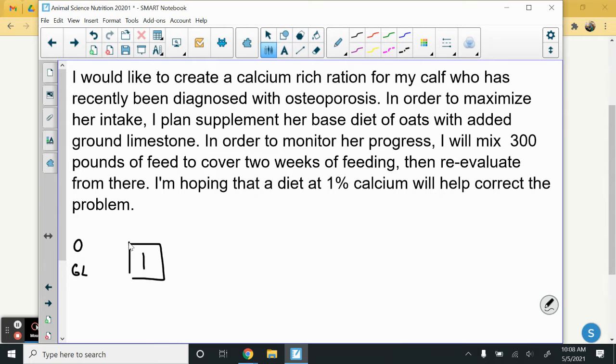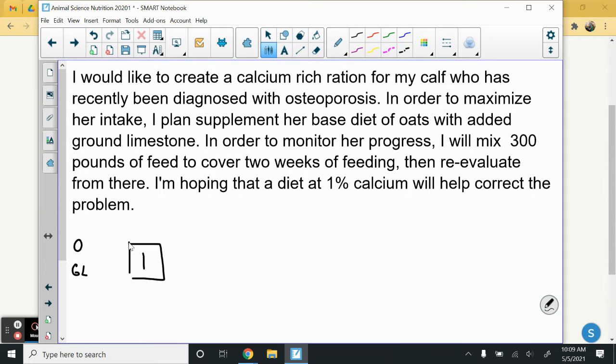My next step is to go to my feed composition chart and find the percent of calcium for each of those nutrients. I want to make sure that I'm looking at the right column. It's going to be the CA column on the composition chart. I want to go down until I find oats, which is in the concentrates and grains section.